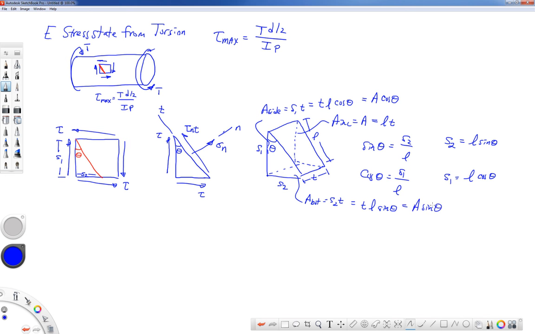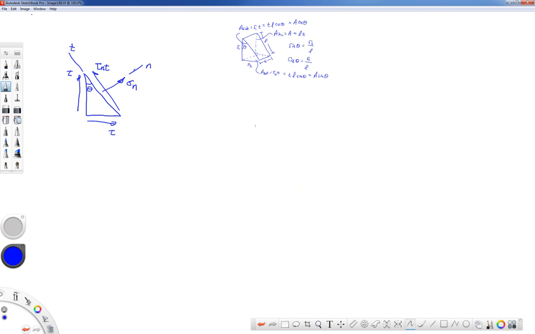So now that I know what those areas are in terms of the inclined plane area, I can construct a diagram that'll show me what my forces are on that wedge or that little block. So I'm going to redraw this picture, but instead of stresses, I'm going to put forces on it. All right, so I rearrange this a little bit, and now I want to take a look at the forces on that wedge.